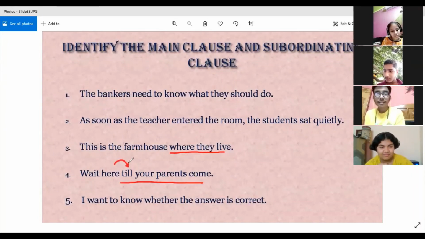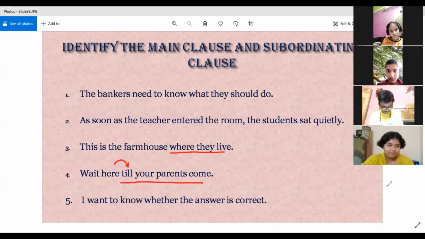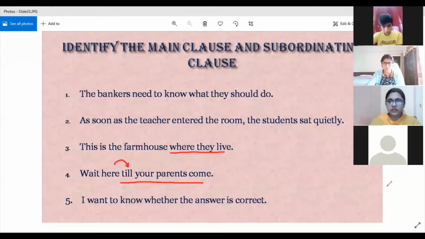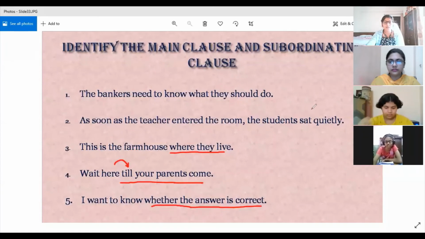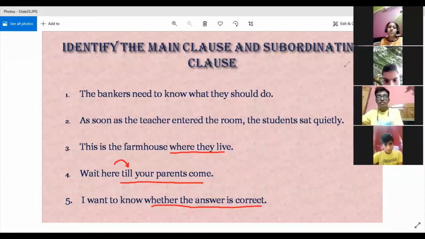Time? Yes. Adverb clause. Adverb clause of time. Okay. Last one. Yes, Dave. I want to know whether the answer is correct. Ma'am, I want to know is the main clause and whether the answer is correct is the subordinate clause. What kind of subordinate clause is it, Dave? Ma'am, noun clause. Good. It is a noun clause.